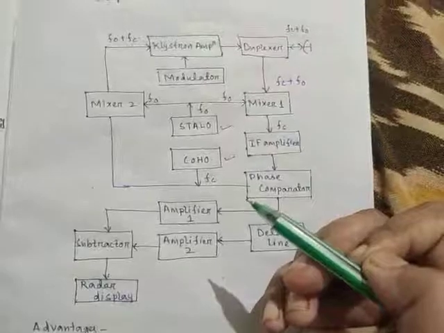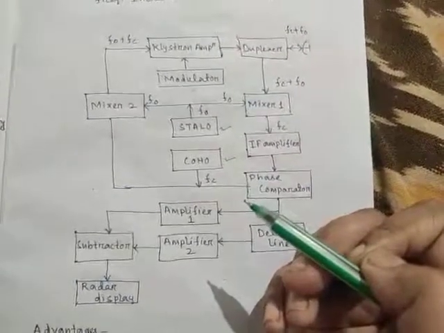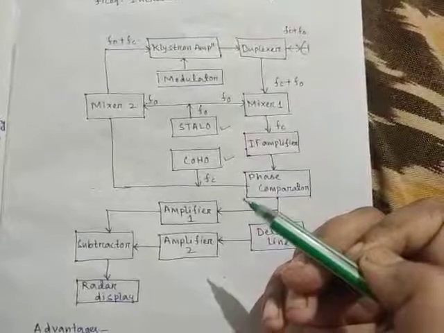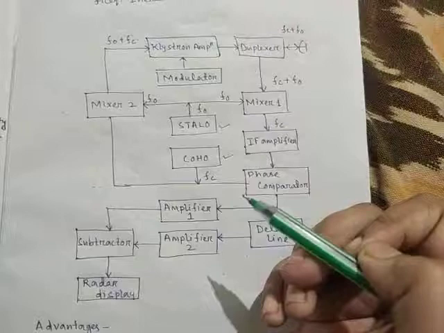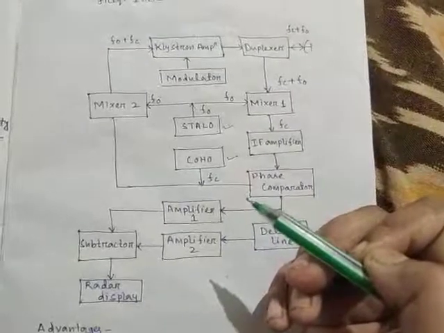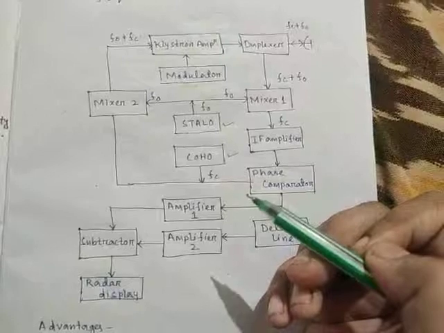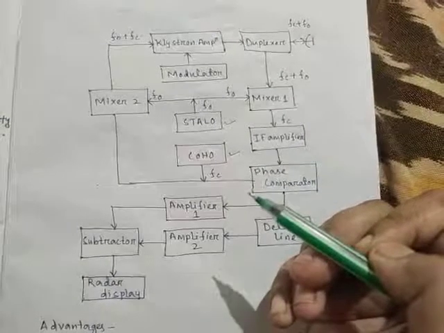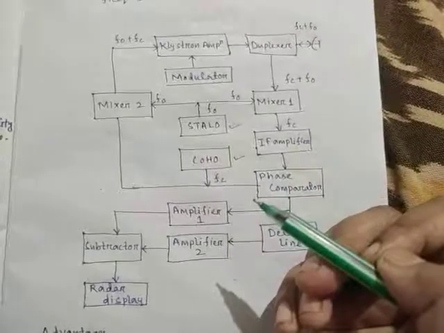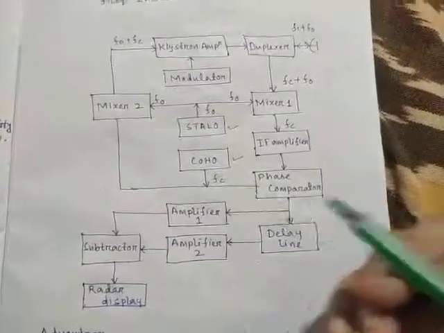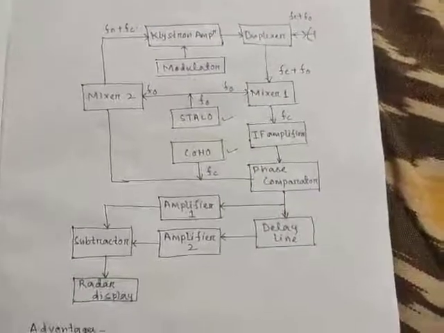The basic principle of MTI radar is to compare a set of received echoes with those received during the previous sweep. Moving targets will give a change of phase and are not cancelled. Thus, clutter due to stationary targets, both man-made and natural, is removed by cancelling out each other.